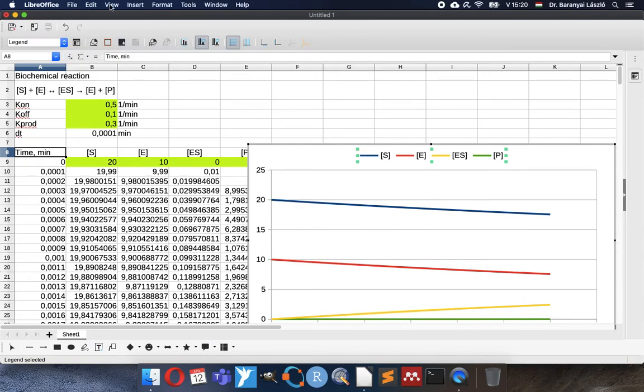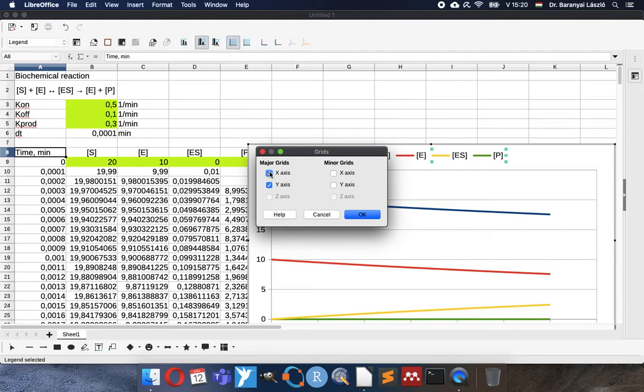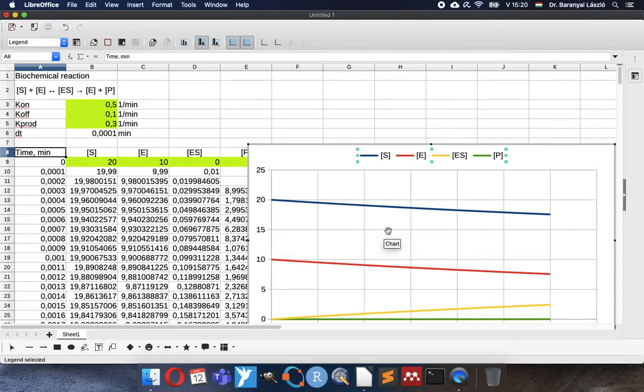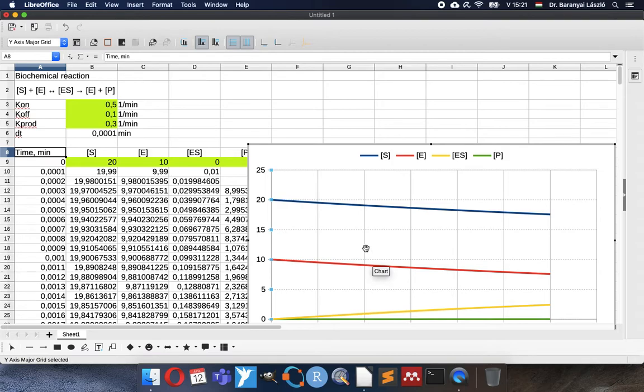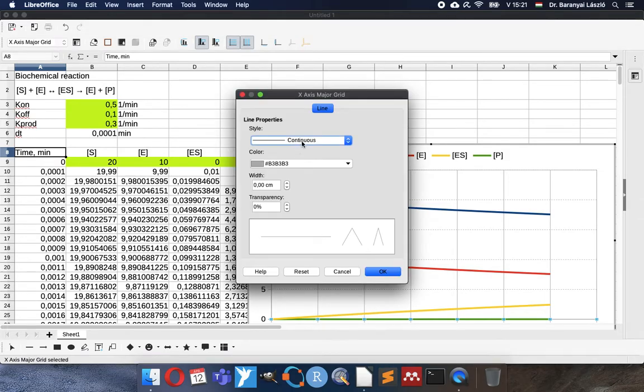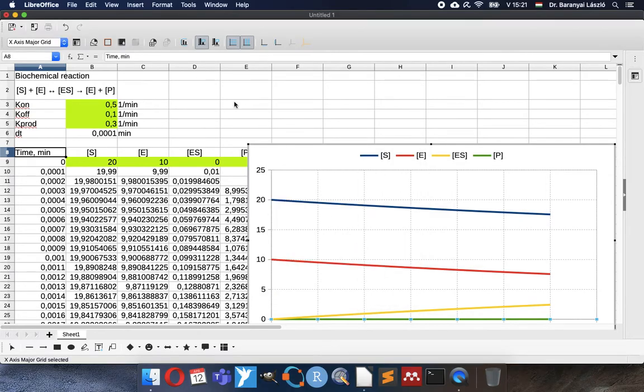Okay, I will insert all the grid lines. Maybe in previous videos you have already seen that I prefer grid lines very much because they help reading the values, follow the equations and follow the changes. Whenever it's possible, I highly recommend to make grid lines.